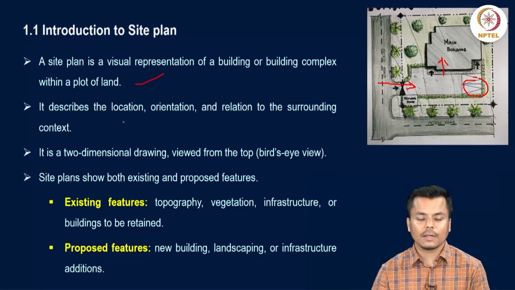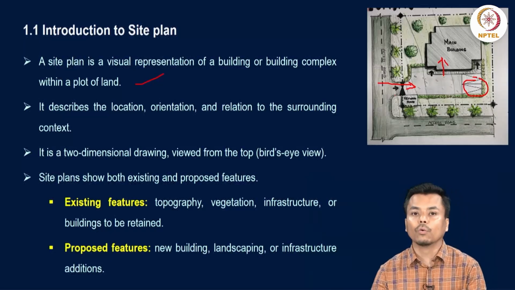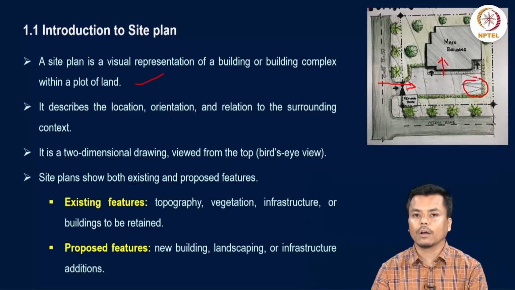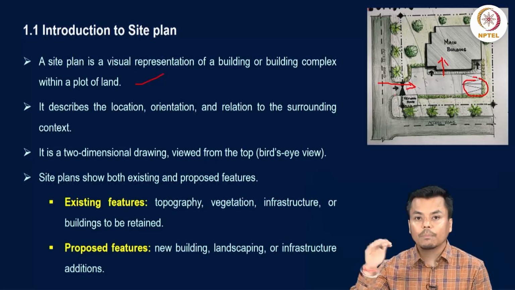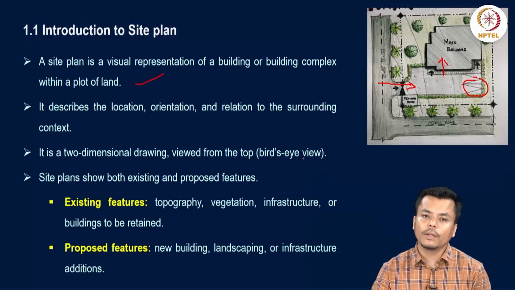It is generally a two-dimensional drawing, that is, there is no elevation seen in the site plan, because this is generally the roof level drawing of the building. That means whatever is present at the level of the roof and below is seen in the site plan. So this is basically a bird's eye view in a 2D format.